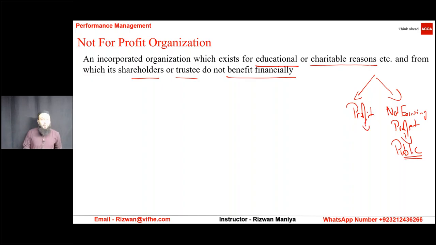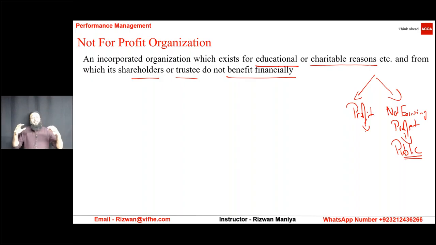Normally the others are profit oriented, so they might earn profits through their revenue, so they can feed themselves and run their operations. For example, ACCA is a not-for-profit organization, but they do earn profits. But the question is, what does ACCA do with that profit? That profit is not distributed amongst shareholders.